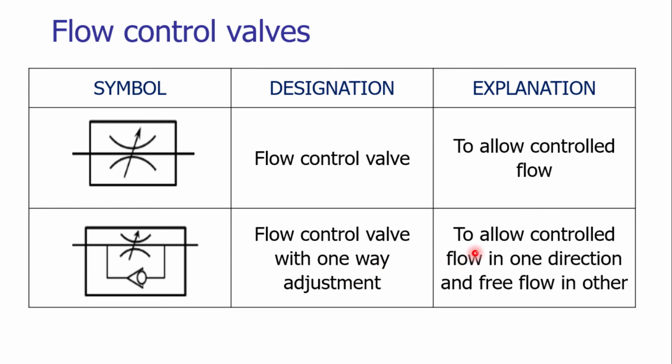It is allowing the controlled flow in one direction and the free flow in the other direction. It is allowing the fluid to flow freely from left to right through the check valve against the spring pressure in this direction, and in the reverse way the flow control valve is taking care.